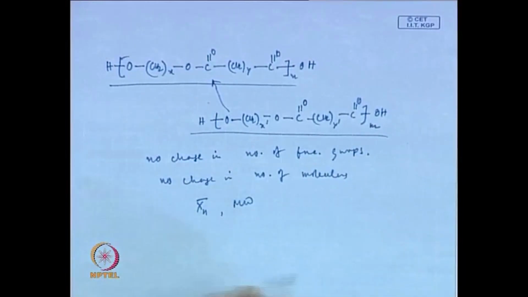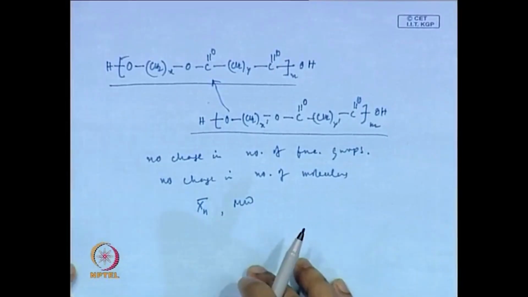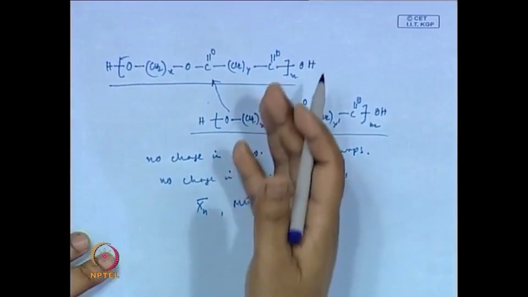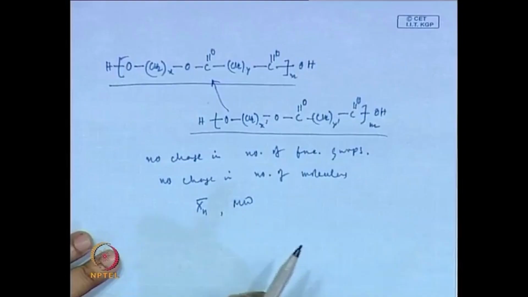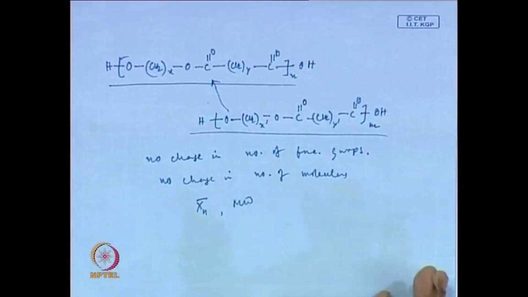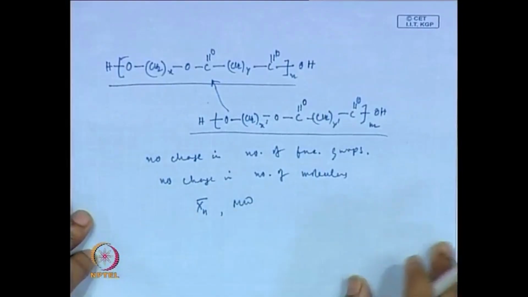But when you are starting with the monomers, it does not matter, you will finally get the same polymers, whether or not there is any reshuffling exchange reaction between the two growing chains. This is just for your knowledge.